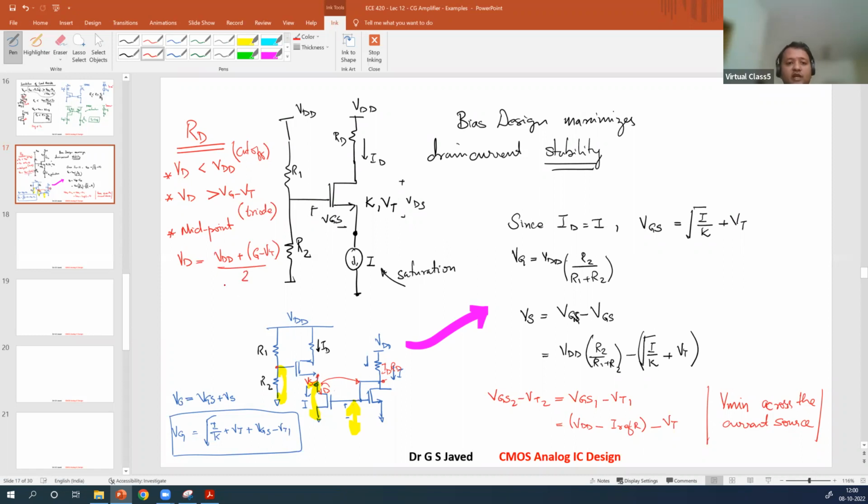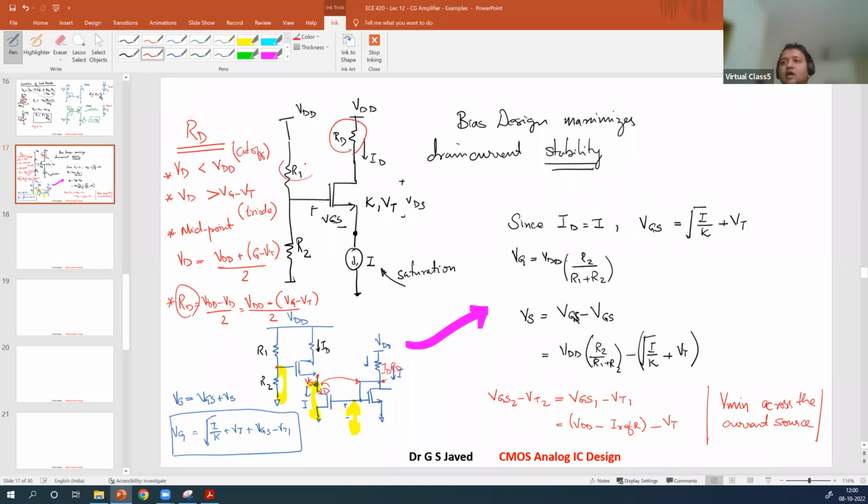So this will be your VD point, a halfway compromise. So to achieve this VD, what is the RD value you have to choose? RD is equal to VDD minus VD over I, and that will be given as VDD minus VDD plus VG minus VT, whole over 2, all divided by I.